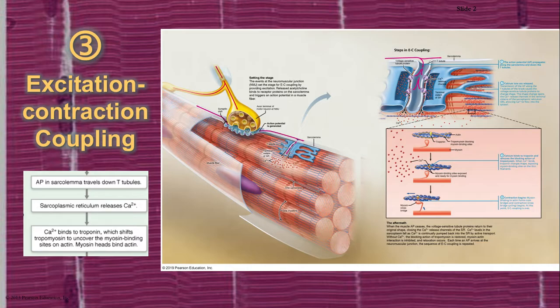Okay, so we've got to go back to the structure of our thin filaments. I'll try to slow down. We have to go back to the anatomy of our thin filaments.